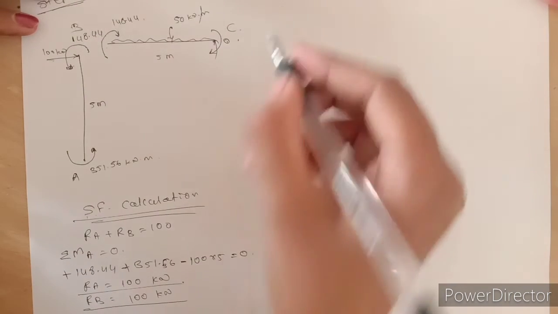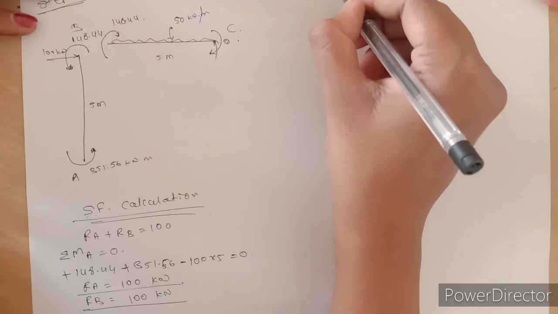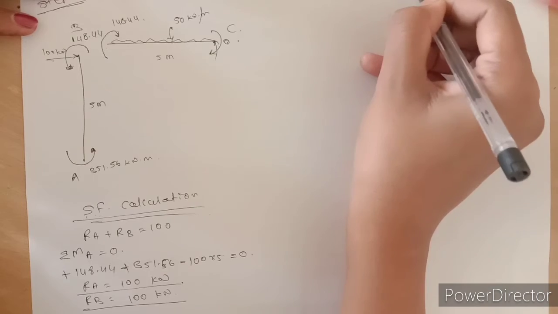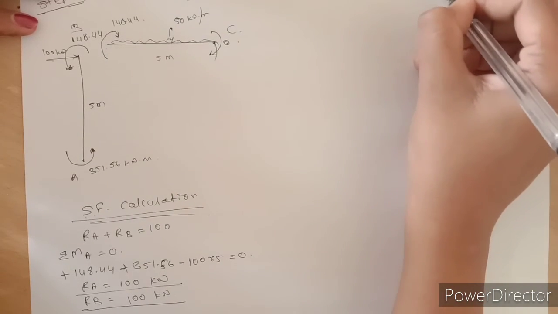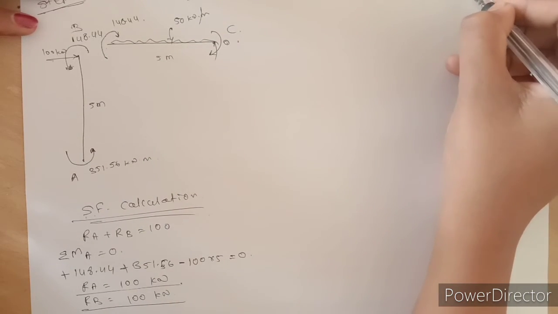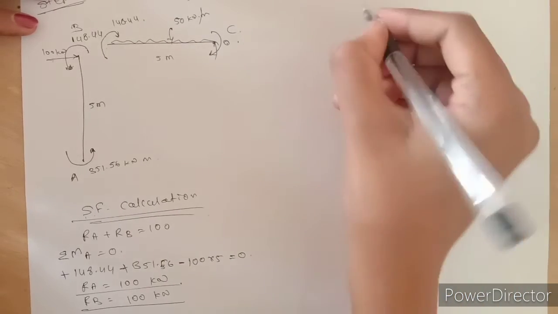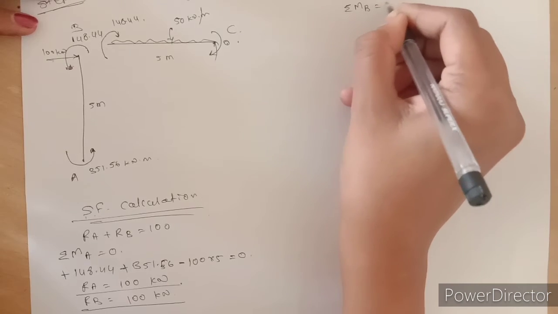Then next, shear force calculations at member BC. RB plus RC is equal to 50 multiplied by 5, which is 250 kilonewton. Then take moment at point B equal to 0.